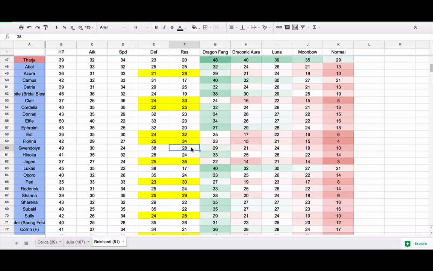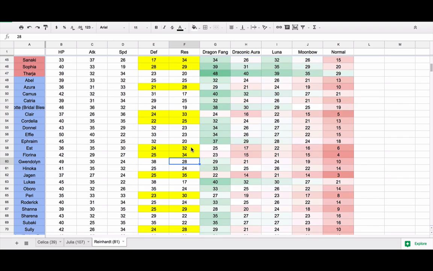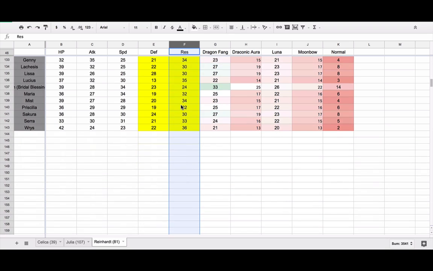So this is an outlier, but on average, if you pause the video and look at this column, these numbers are fairly low. Let's average F2 to F143.